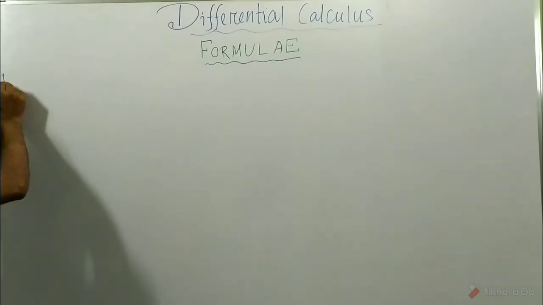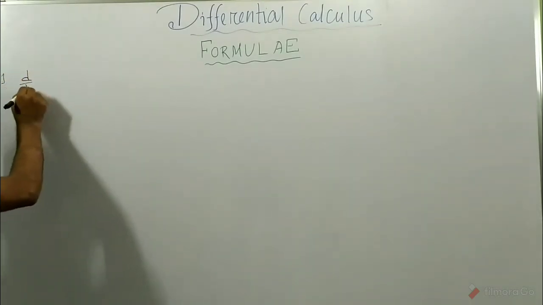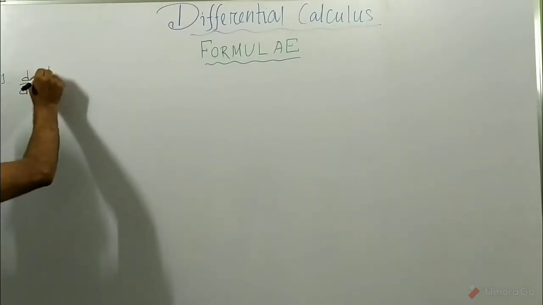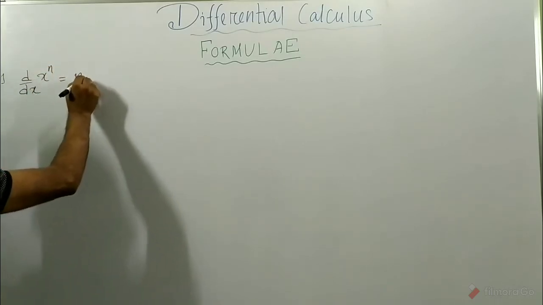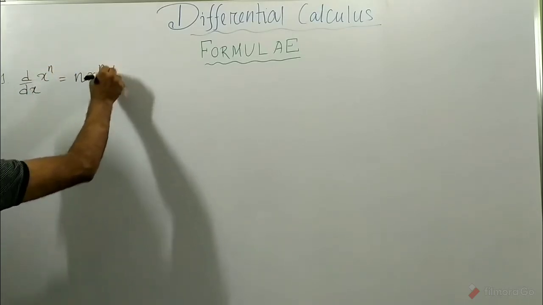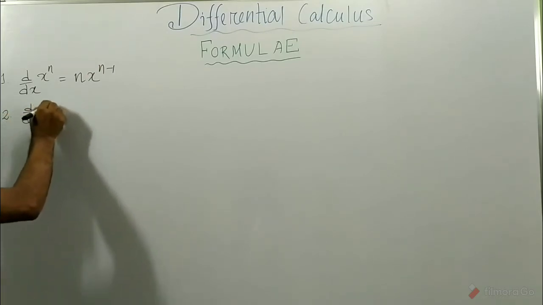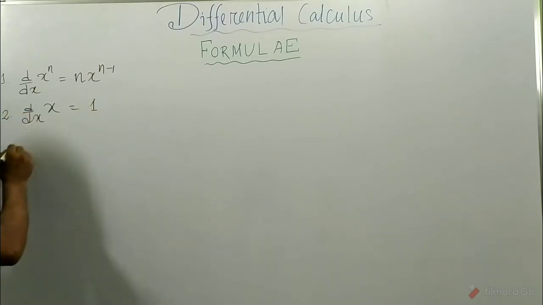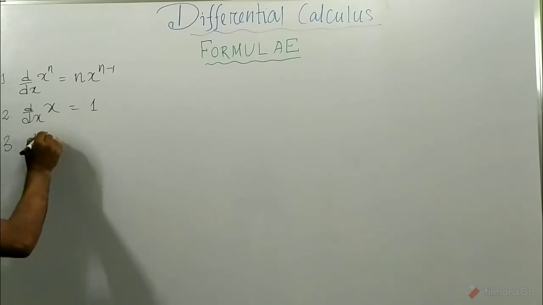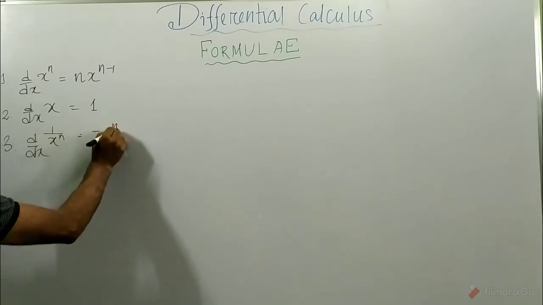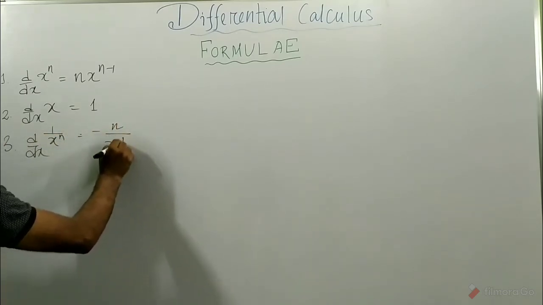Number 1, d/dx of x to the power n equals n x to the power n minus 1. Number 2, d/dx of x equals 1. Number 3, d/dx of 1 by x to the power n equals minus n by x to the power n plus 1.